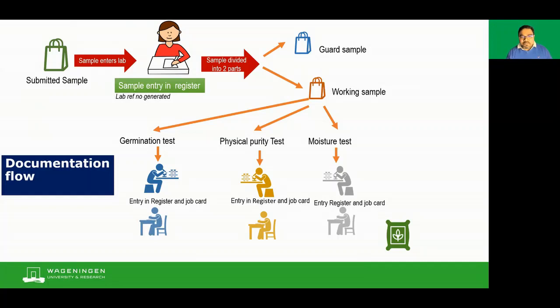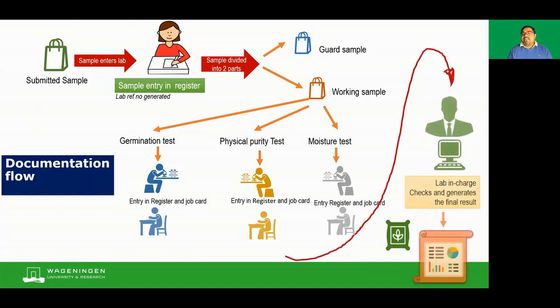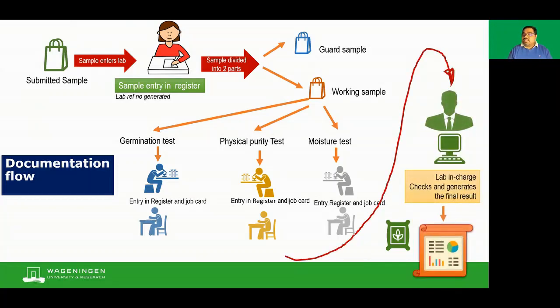You can enter that, and then this result is checked once by the lab in charge. The lab in charge will check, and then the final result will be generated. Again, this can be done manually through the register, or through software or by the computer. Anything is allowed, and then it is reported.